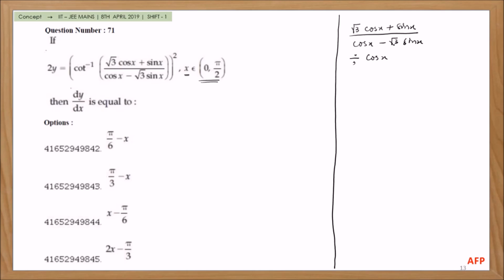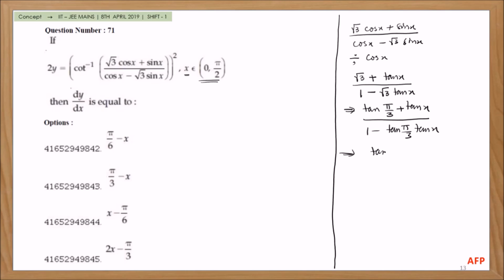Here we want 1, so that we can apply the tan x plus y formula. So here we got root 3 plus tan x divided by 1 minus root 3 tan x after simplification. So this can be written as tan pi by 3 plus tan x divided by 1 minus tan pi by 3 tan x. This is nothing but tan of pi by 3 plus x.